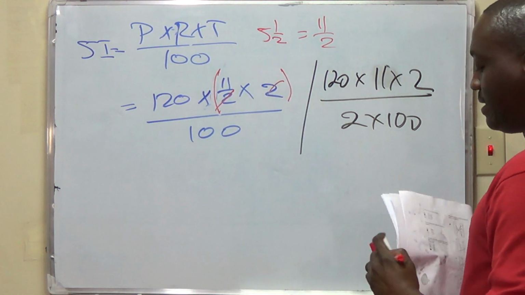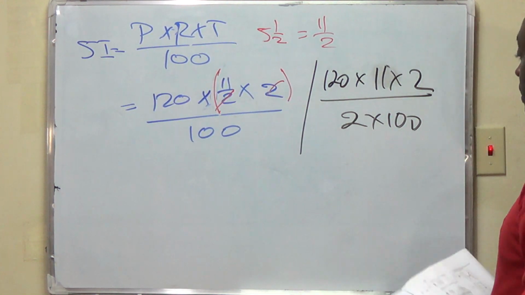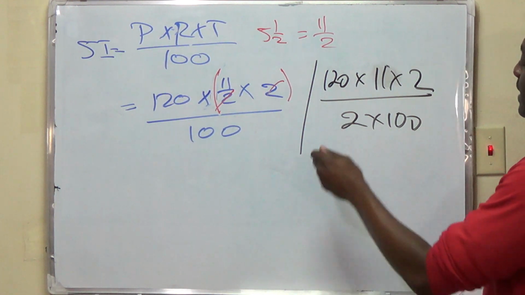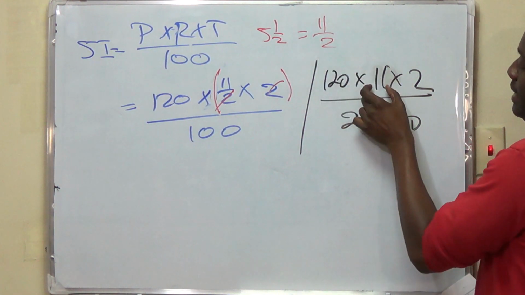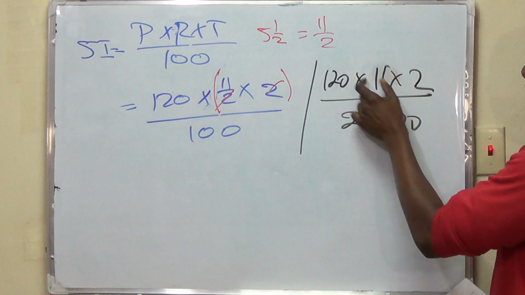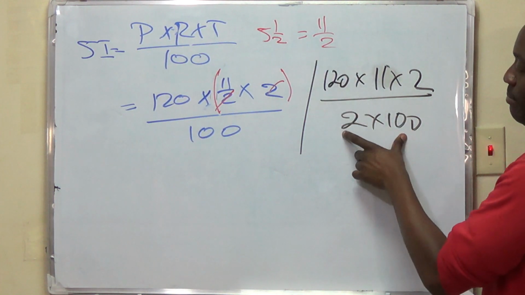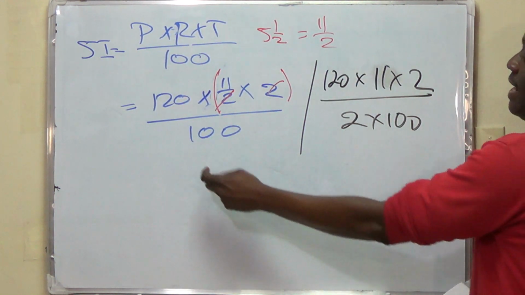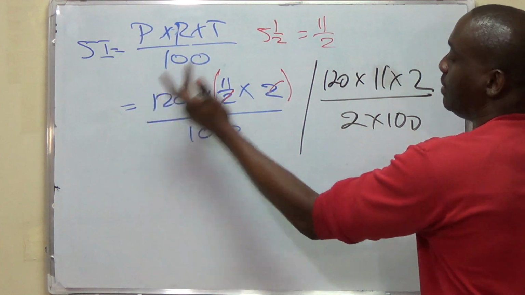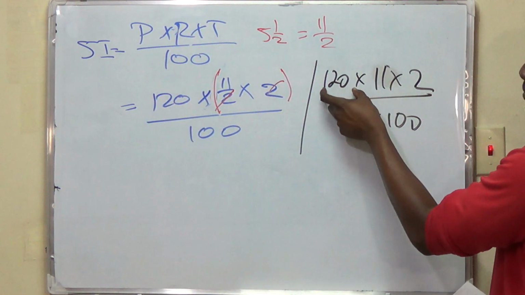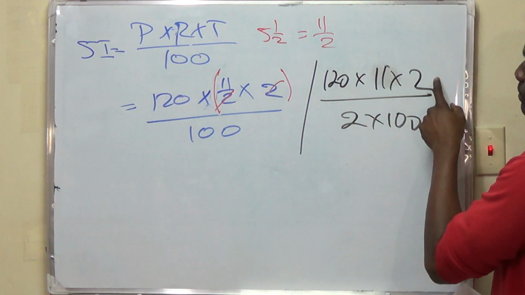Or there's another option which you could employ as well, where you take the 11 from the numerator and keep it on top here, and you take the 2 in the denominator and you bring it below here, so that what you end up with now would be 120 by 11 by 2, right?